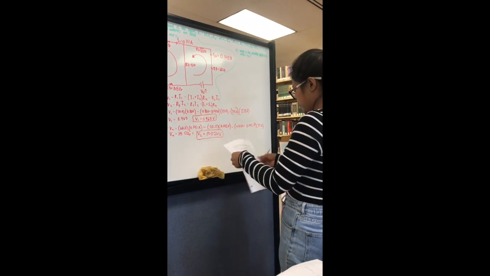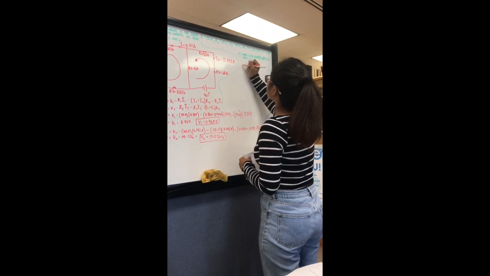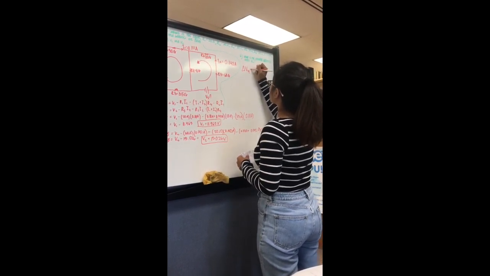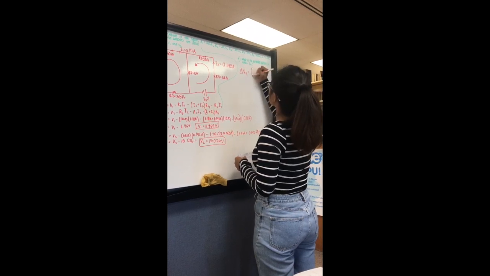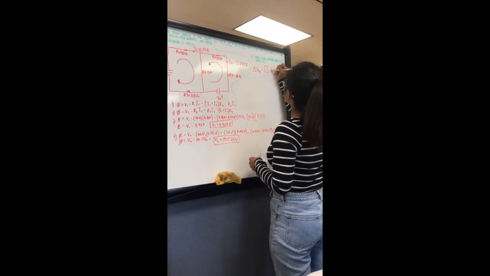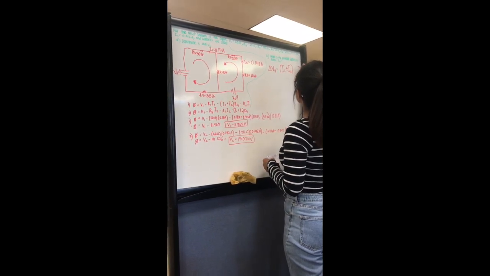For part B, it is asking for the potential difference across R4. To answer this, we will use the equation: the change of V4 equals the open parentheses I1 plus I2 close parentheses multiplied by R4.